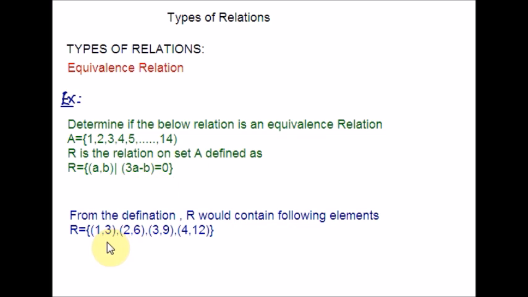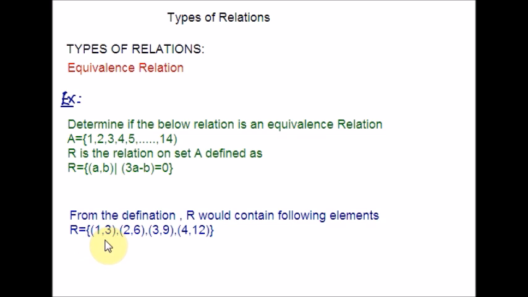When A equal to 1, B equal to 3. When A equal to 2, B equal to 6. When A equal to 3, B equal to 9. When A equal to 4, B equal to 12. No other combination is giving me 0. Okay, so are you clear with this step? Now let me check whether it satisfies the conditions for reflexive, symmetric and transitive.